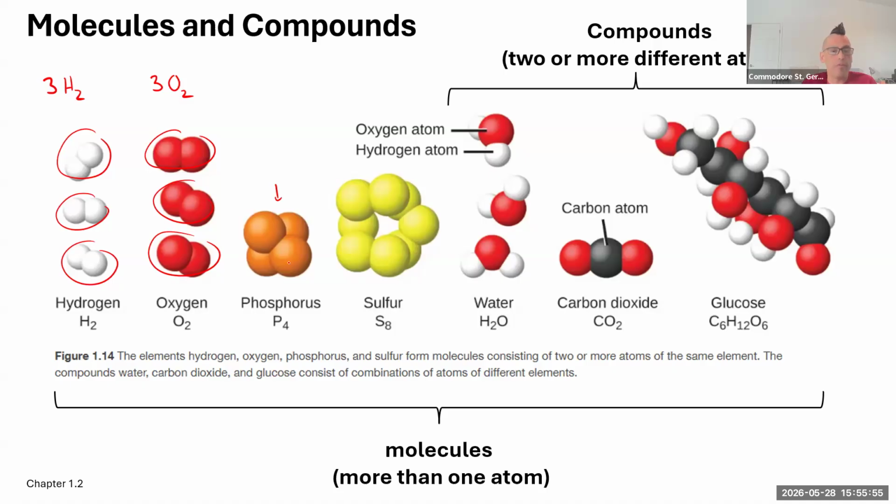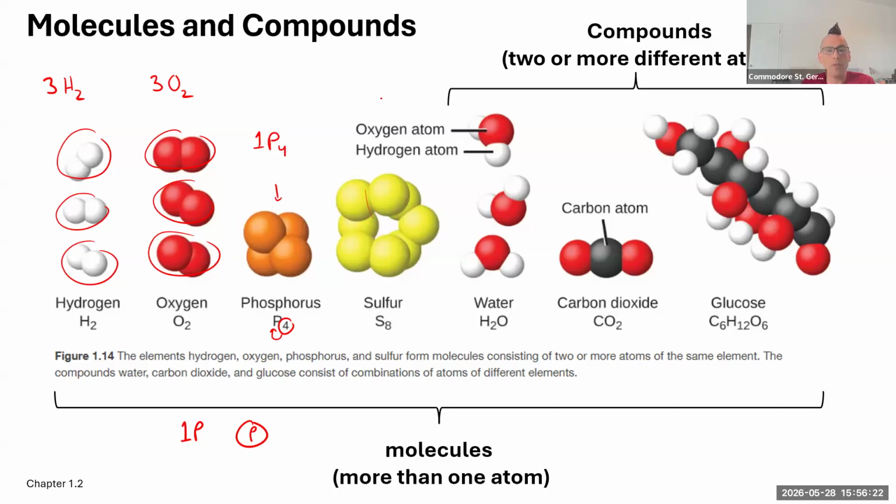A single atom of phosphorus would just be one P. This one, since there's four of them, and the subscript applies to that, there's four phosphorus atoms combined together to make a phosphorus molecule. That would now be one single P4.